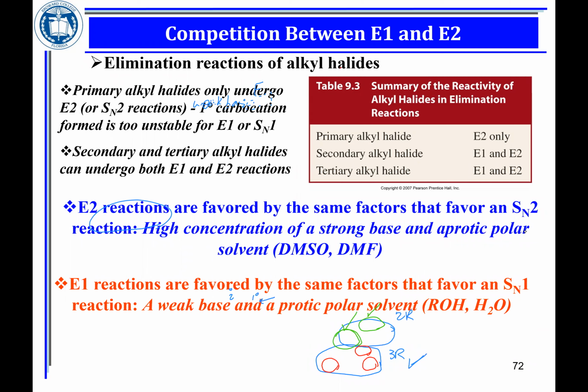Primary alkyl halides go through the E2 mechanism only, but secondary and tertiary can go E1 or E2. If you want to make sure it's E2, you have to bring a strong base.